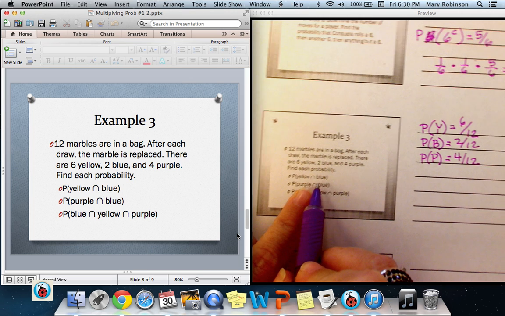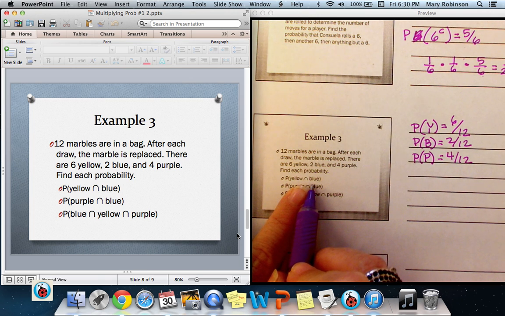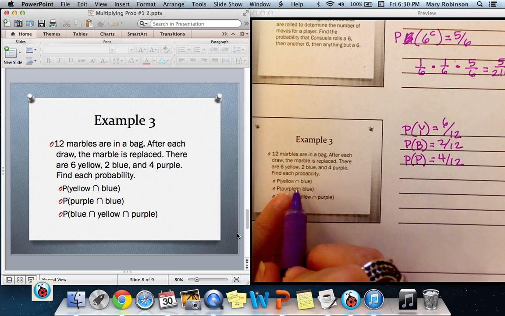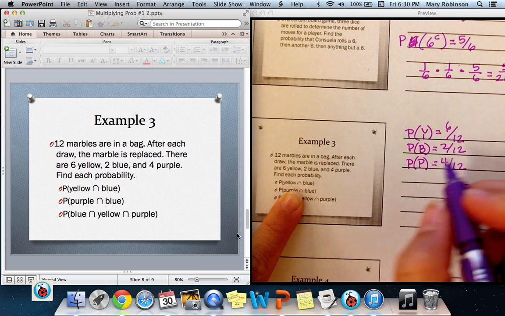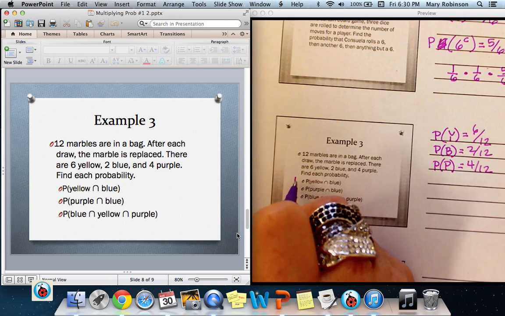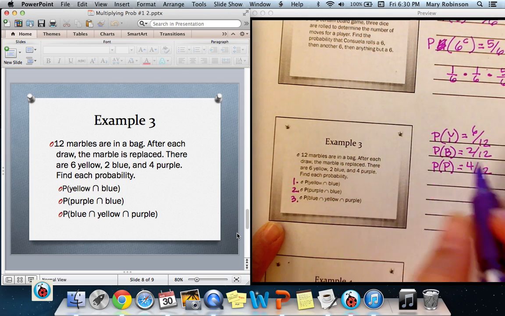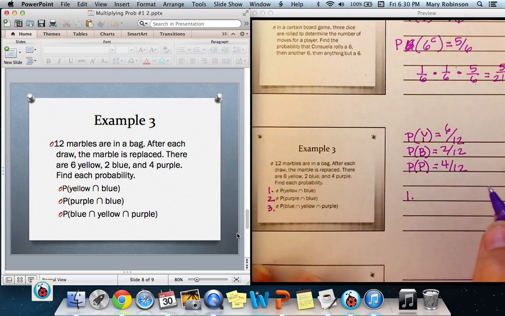Remember what this means. This means what's the probability that you'll draw a yellow and blue? Yellow, then a blue. Remember, you're drawing 2. So I'll number these 1, 2, and 3. And over here, we'll do our work.